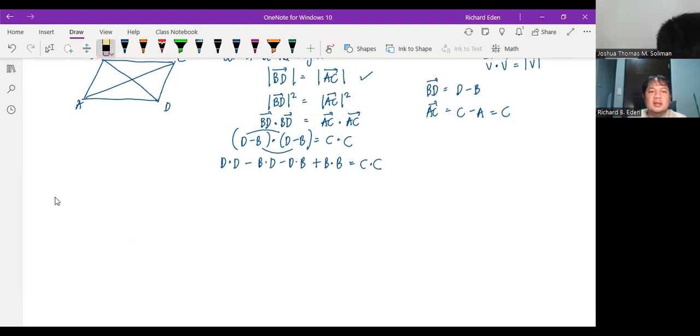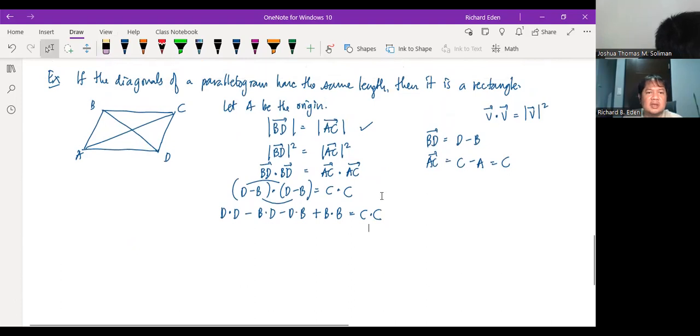All right. Now, what do we have now? We have D dot D. Well, D kasi is, if you look at D dot D, that would be the square of the length of D. But then, of course, what we really mean is the vector AD.